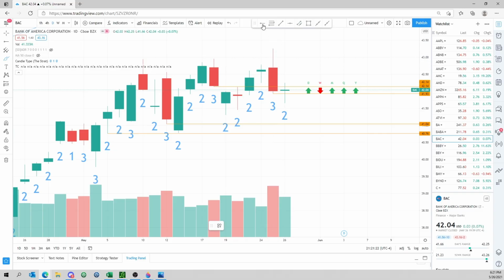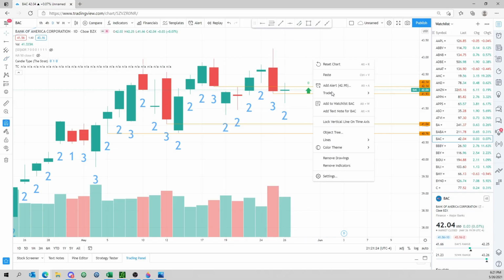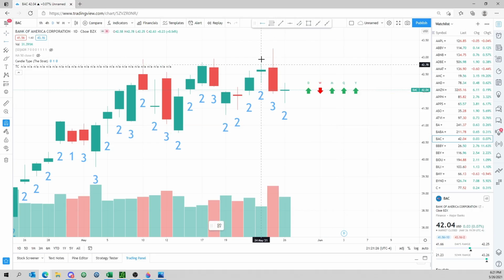As soon as it broke 42.78, it formed a 2 up candle, right? And it ran all the way up here to 43.25. But right at that point, the top of the wick, sellers came in and pushed the price down heavily, all the way back through the previous candle, right?